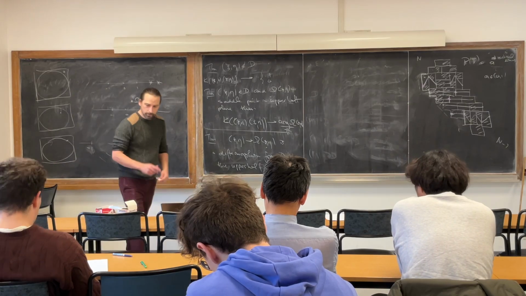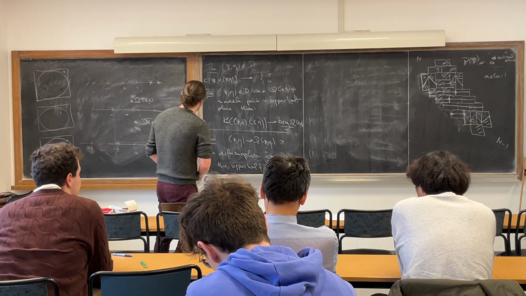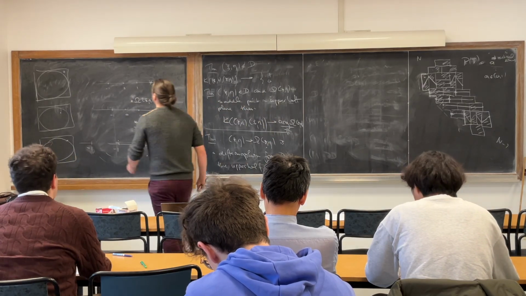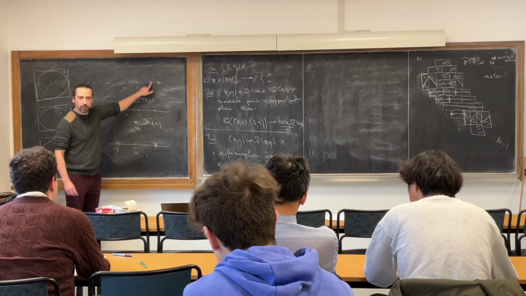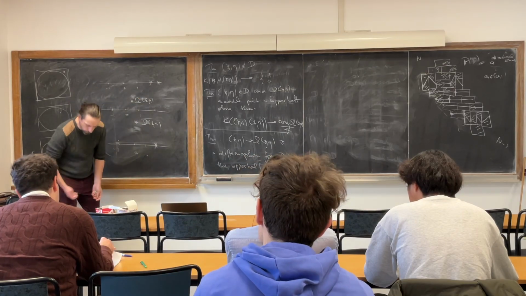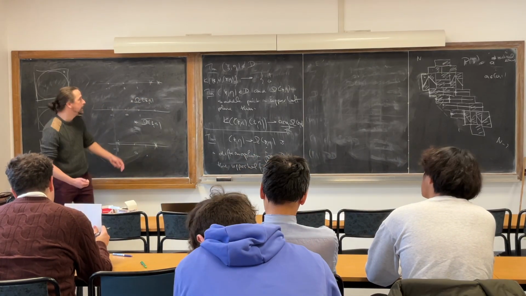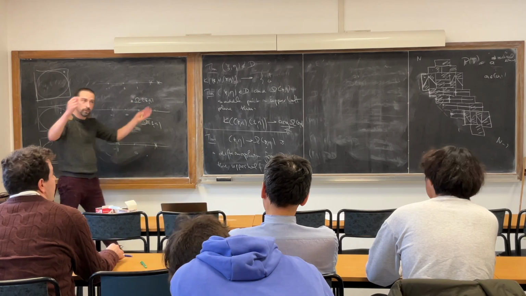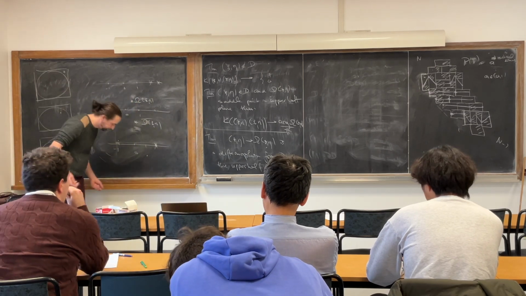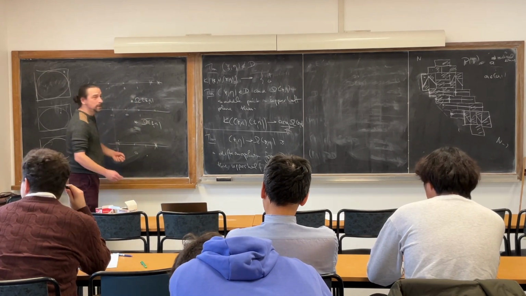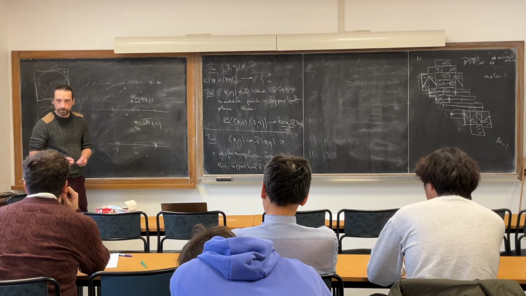Let me remind you quickly. Last time I drew them, you have not only to find the critical points, you also have these contours, gamma z and gamma w, and you have to deform them through those saddle points, which means you have to deform them using the steepest descent paths.